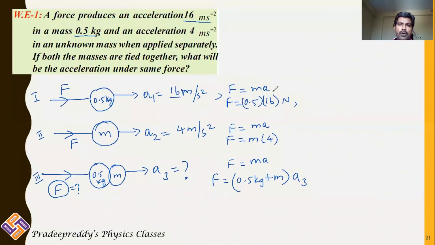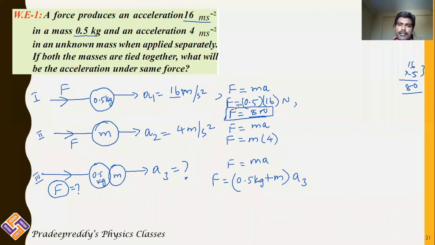M and A are known, so you can find out force F. That gives you 16 into 0.5, which is 8 Newton. So force is 8 Newton from the first case.